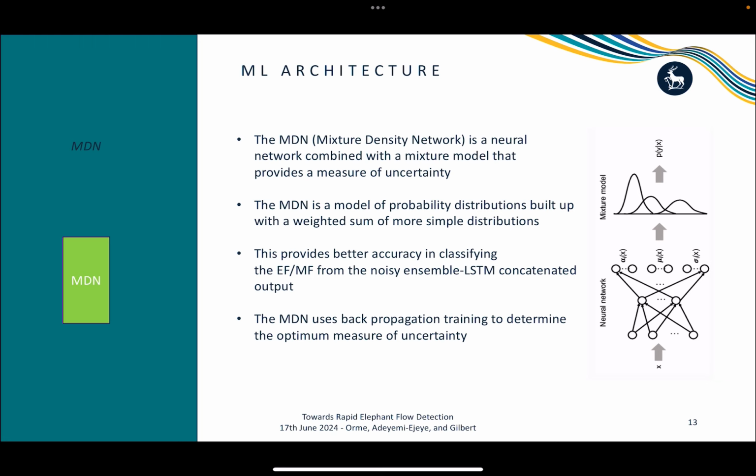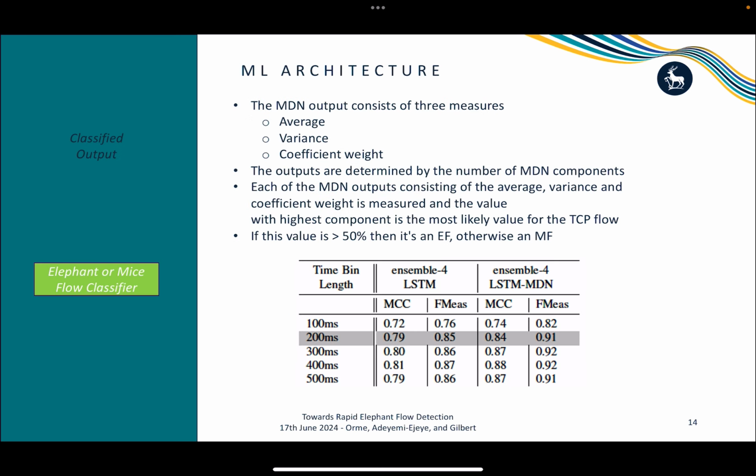We can see this from the diagram on the right, where the conditional probability is formed based on the input. The MDN provides three measures: the average, the variance, and the coefficient weight of each of the MDN components. The MDN components can be thought of as clusters of data points.